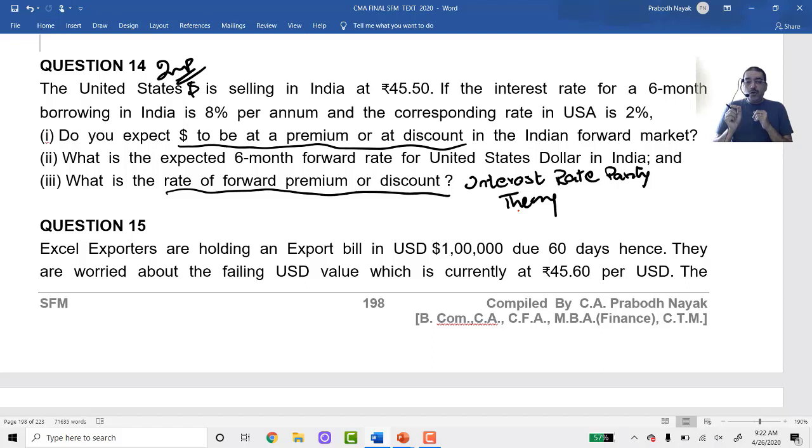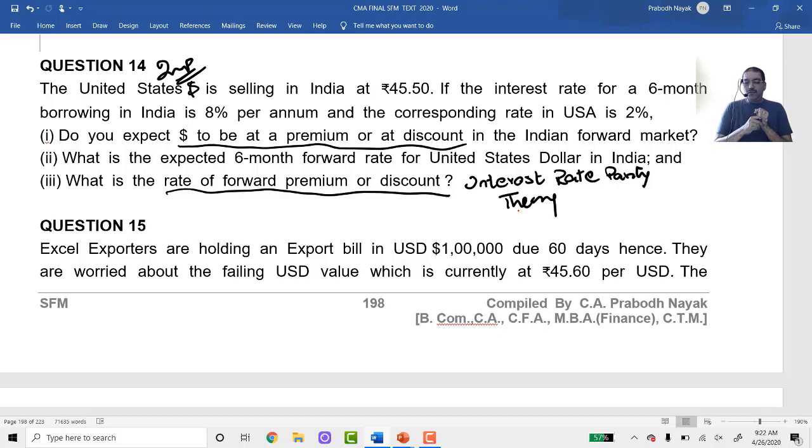US is having a lower rate of interest, so its currency, the dollar, will be at forward premium. So you can directly write the answer for the first one. Since the dollar is having a lower rate of interest, the currency will be at forward premium.